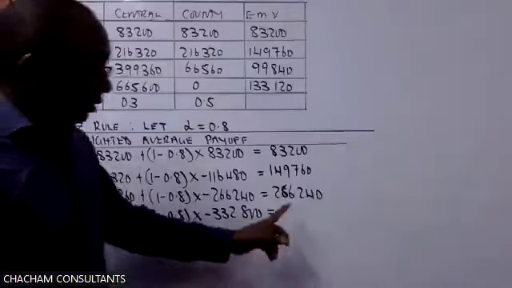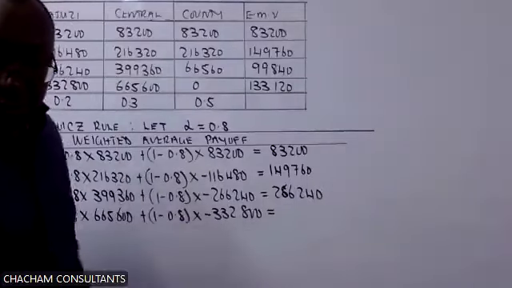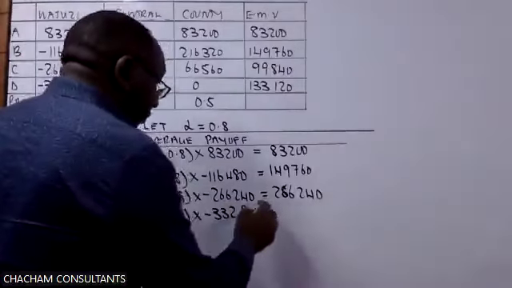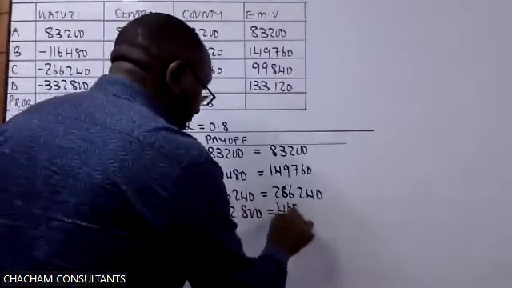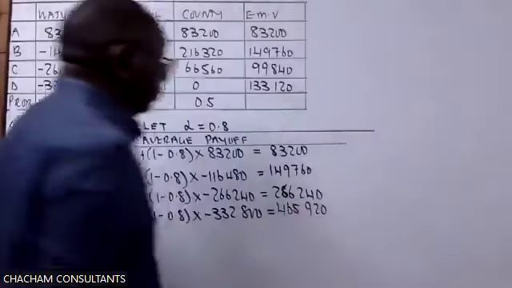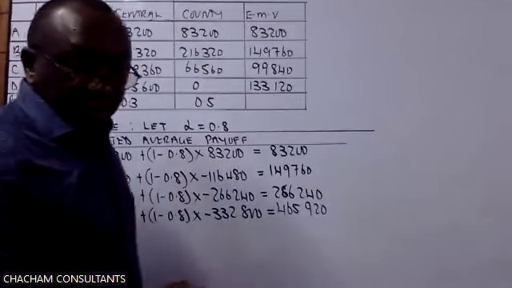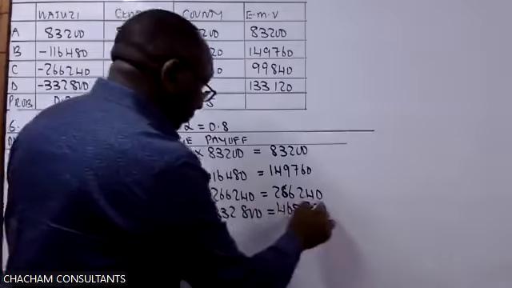Tell me, for this one, what have you gotten? 465,920. So this rule again requires you to go for the highest, and the highest is this one.